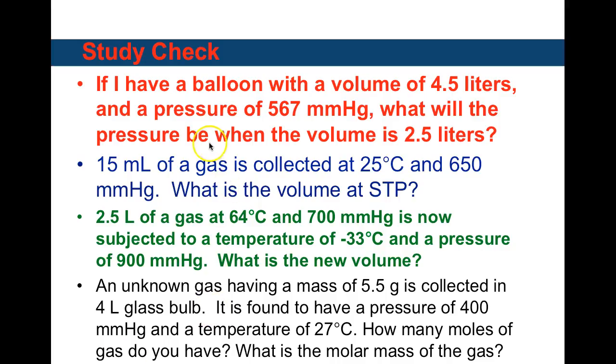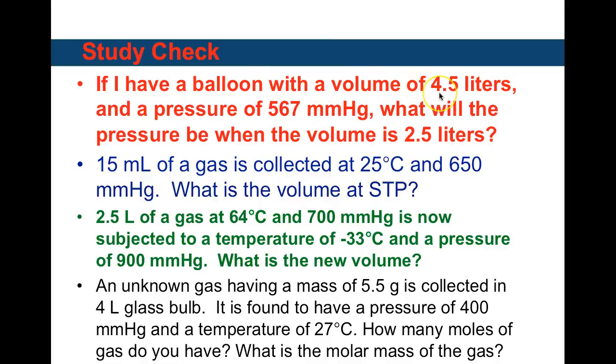In this study check, if I have a balloon with a volume of 4.5 liters and a pressure of 567 millimeters of mercury, what will the pressure be when the volume is 2.5 liters? You can use Boyle's law here. You can assume that the temperature and moles are constant because they're not even being mentioned.